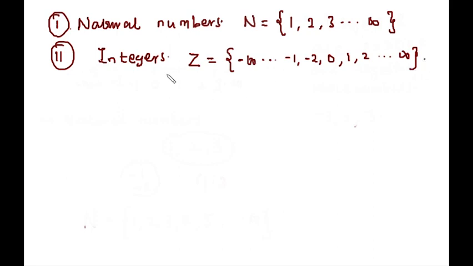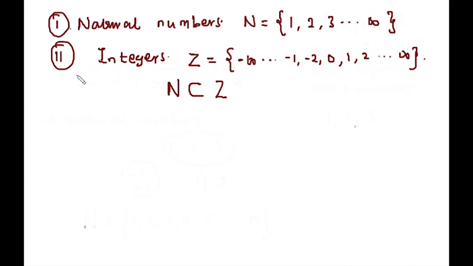So all natural numbers are integers, but not all integers are natural numbers. In set format, all natural numbers can be seen as a subset of Z.